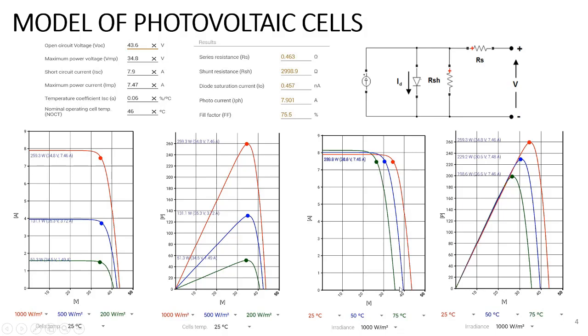For example, the green one is with the working temperature of 75 degrees Celsius. The blue one is with the working temperature of 50 degrees Celsius. And the red one is with the working temperature of 25 degrees Celsius. Of course, we can see the lower the working temperature, the better the performance of the PV cells.